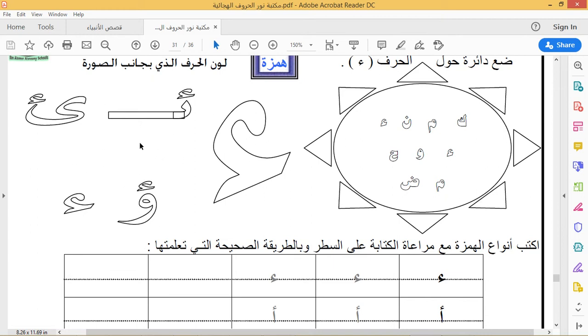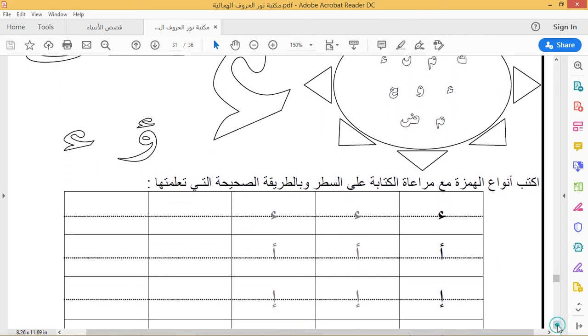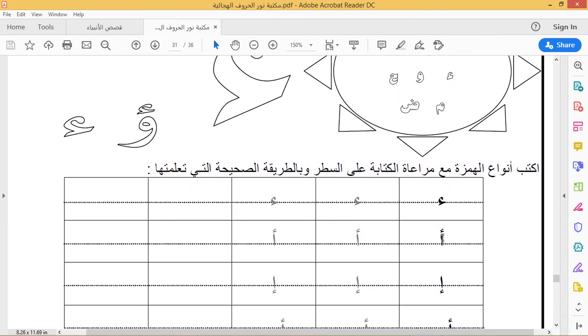That's why the author has taken his time to show that, and at times it's written on top of alif also, as we've seen. So Hamza, alif Hamza, this alif Hamza Fatha, alif Hamza Kasra, alif Hamza Damma.